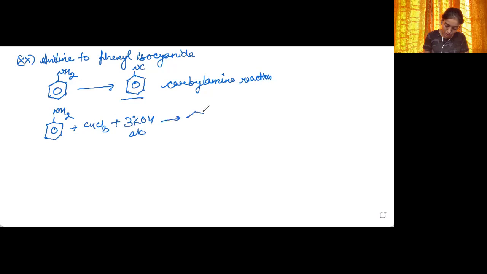It will lead to the formation of phenyl isocyanide plus 3 KCl plus 3 water. So this is the carbylamine reaction, a very important reaction for the detection or confirmation of the presence of primary amine in a sample.